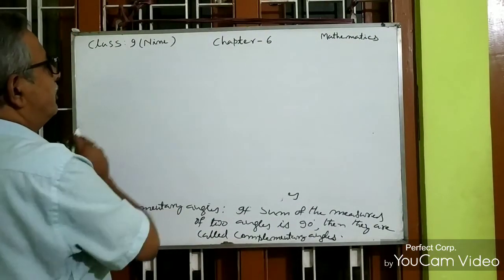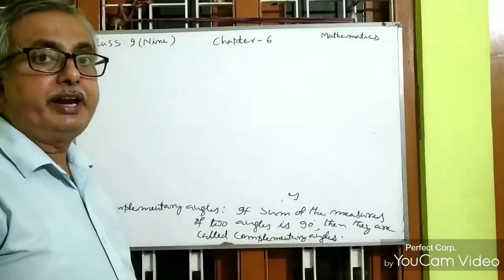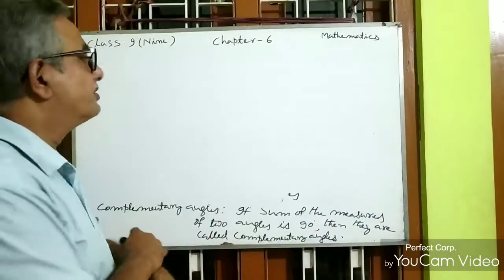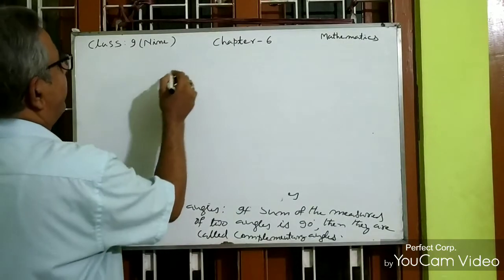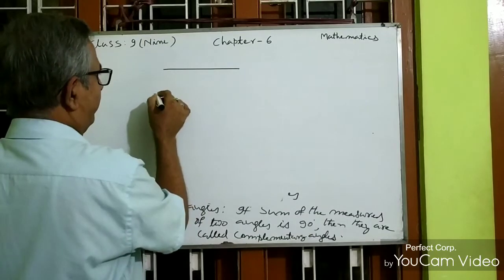First of all, you have to understand what are corresponding angles, what are alternate angles, what are interior angles. These things you try to understand. Okay. Here you see two lines are there.